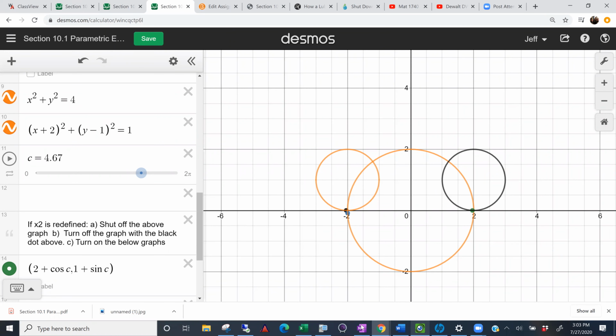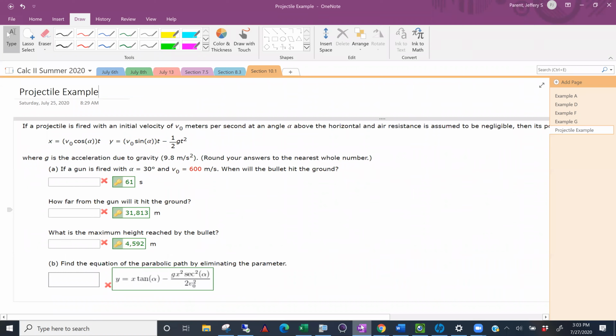So let me go back to this one here. This talks about a projectile fired with an initial velocity of v0 meters per second at an angle alpha above the horizon. Basically, if you shoot something or throw something, these are the parametric equations that tell you its position. Here we're not accounting for air resistance.